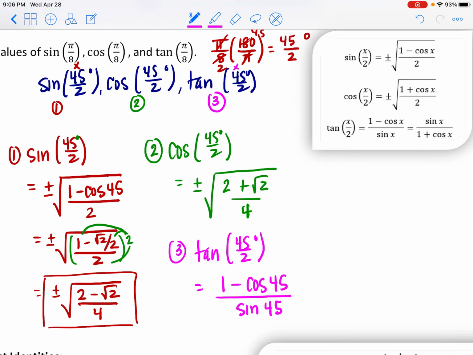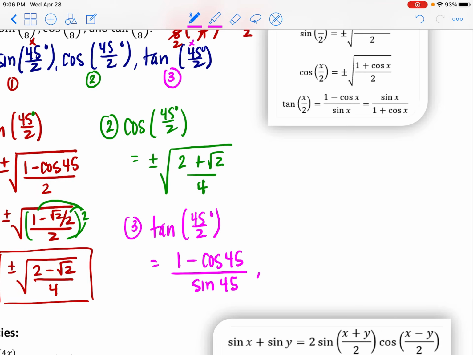And again, at 45 degrees, our sine and cosine are both radical 2 over 2, so this becomes 1 minus radical 2 over 2 over radical 2 over 2.